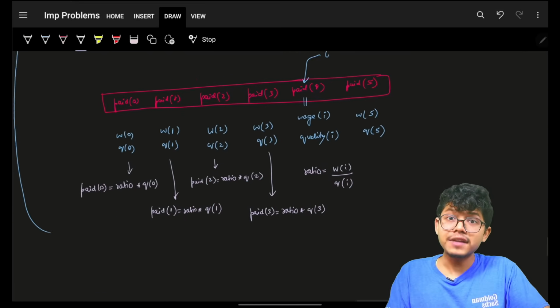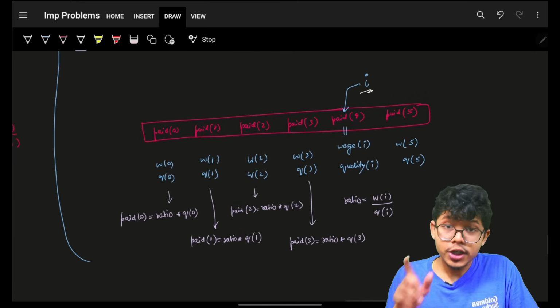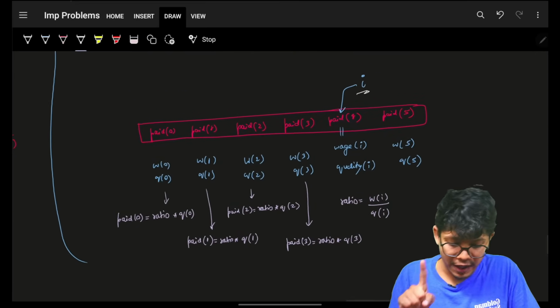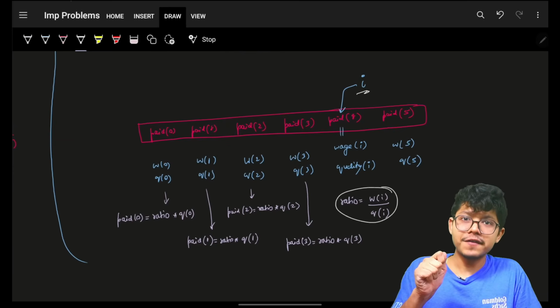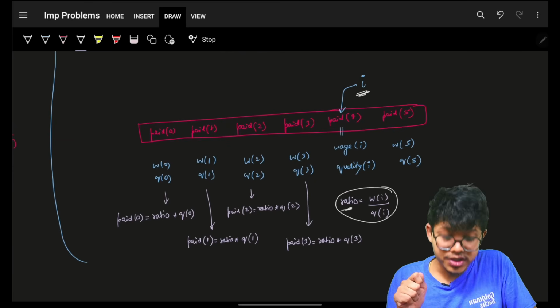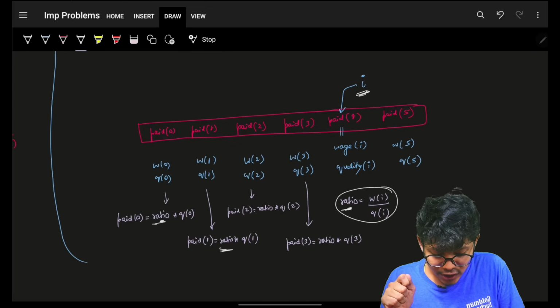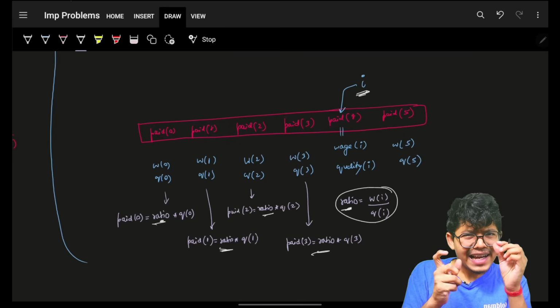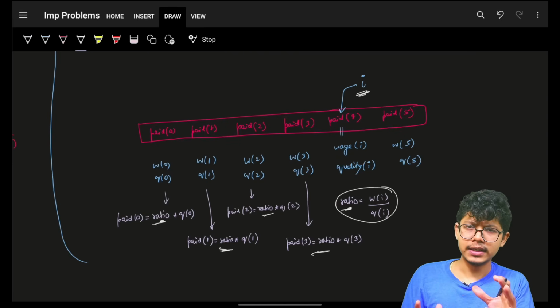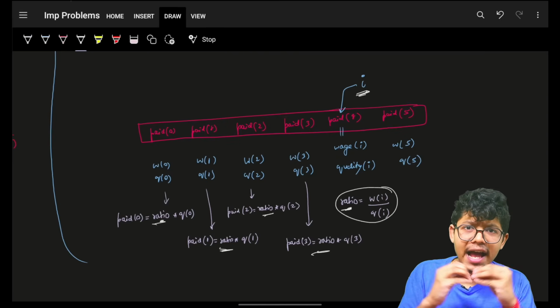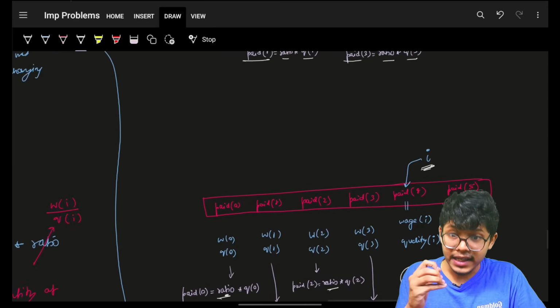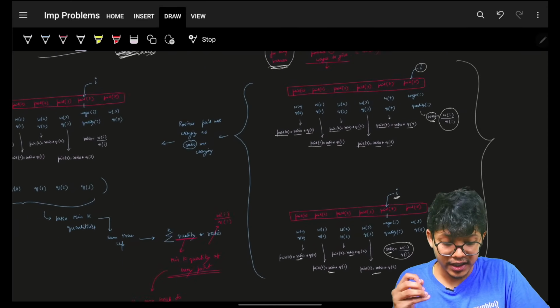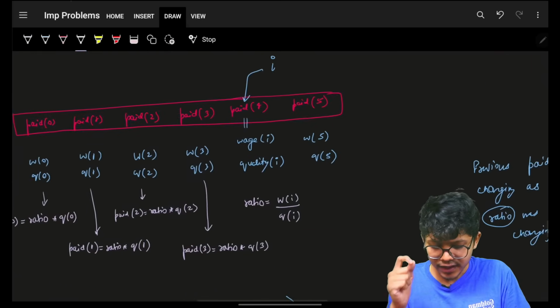Now, if the I changes, the one major thing that changes is the ratio, and thus all the previous values will also change. That's an issue: if I change my I, everything else changes, and I want to restrict change as much as possible. What I can infer from these two diagrams is very easy.